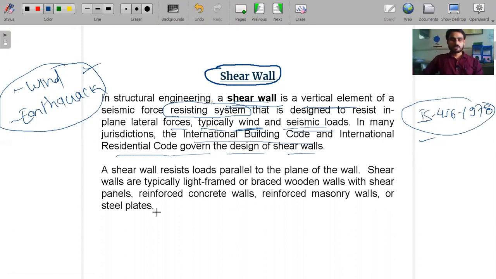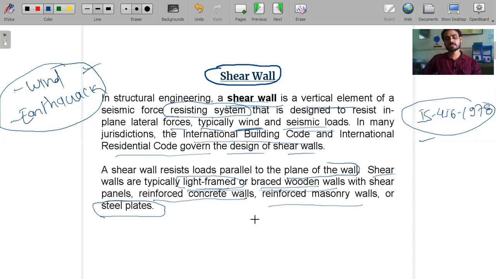The shear wall resists load parallel to the plane of the wall. Shear walls are typically light framed or braced wooden walls with shear panels. With the help of light framed structures, or braced wooden walls with panels, or by RCC walls, reinforced masonry walls, or steel plates, we can construct a shear wall.